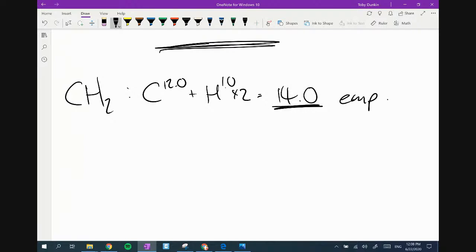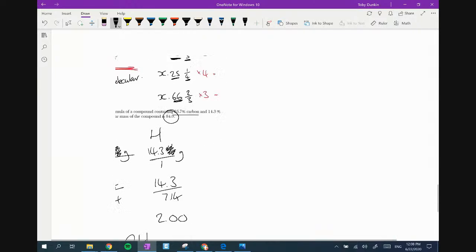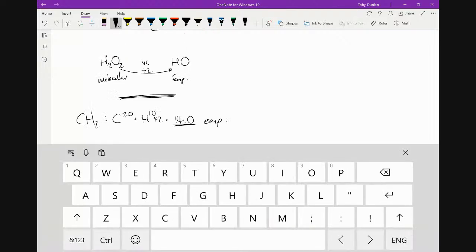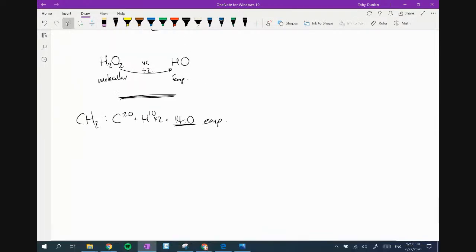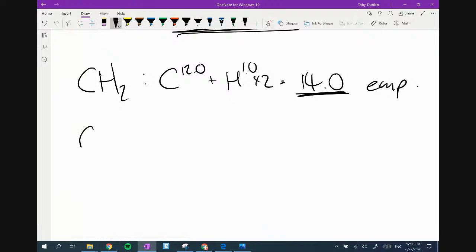It told us the actual thing, the real one, CxHy, weighed 84. Well, we can work out the multiplier. We just divide 84 by 14, which gives me exactly 6.